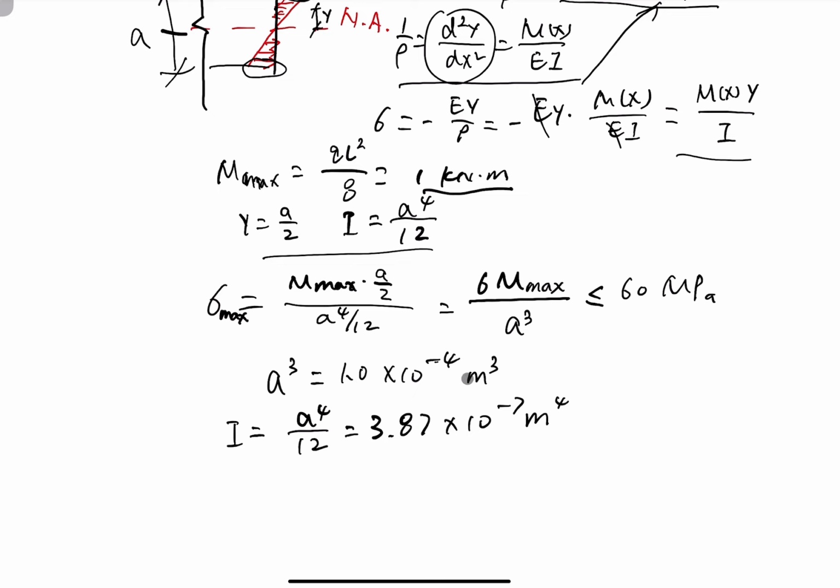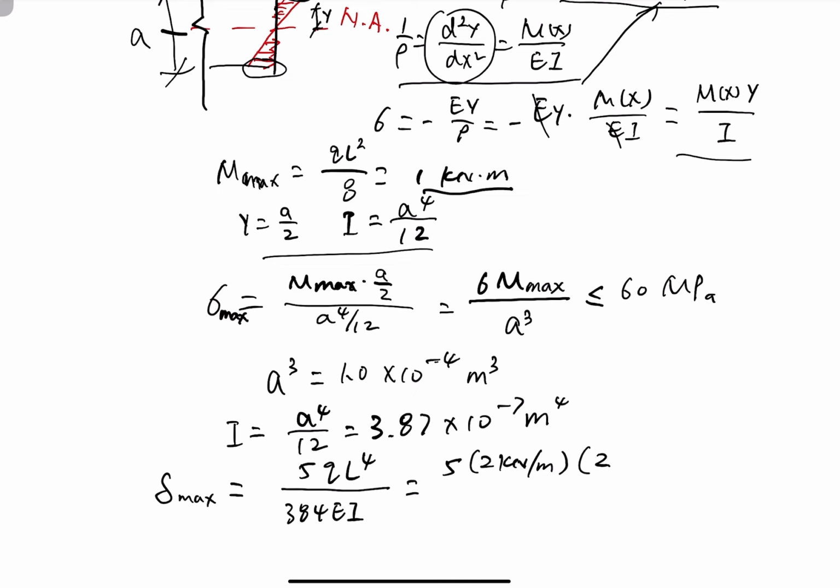So the maximum deflection is equal to 5 q L to the fourth over 384 E I. We have q equal to 2 kilonewton per meter, L to the fourth power in meters, 384 times 70 gigapascal, and the moment of inertia we just found.